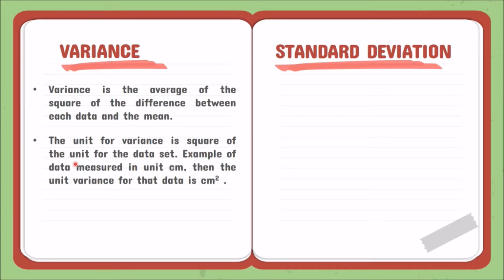For example, if data is measured in centimeters, then the unit of variance for that data is centimeter square. Another example, data measured in meters, then the unit of variance is meter square.